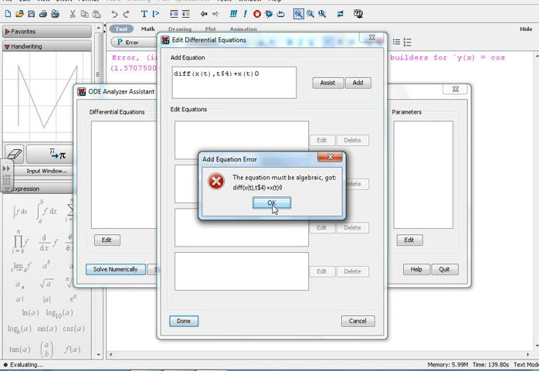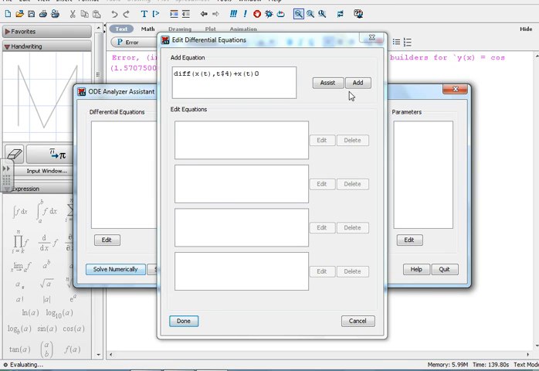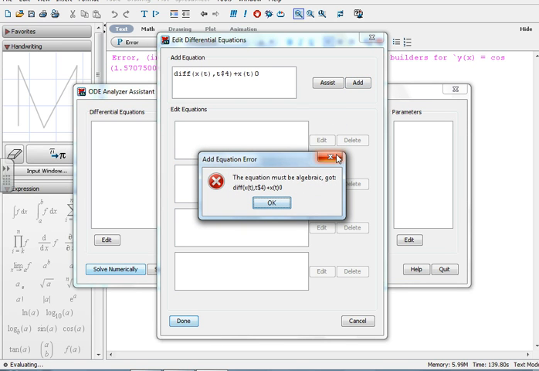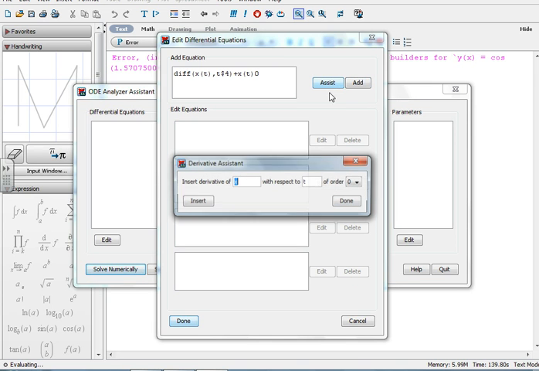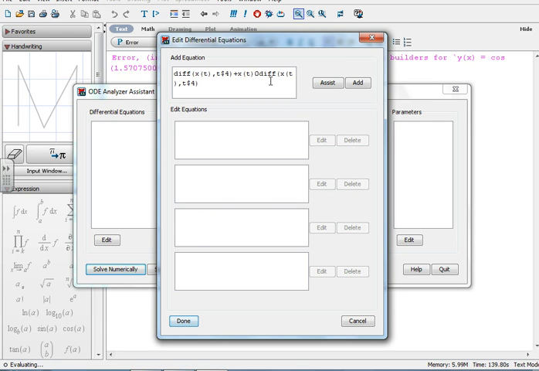It won't allow me to have a 4th derivative in my thingy. Why not? It says so right here, 4. What's wrong with that? Oh, I know what's wrong with that. I don't have an equal sign. Equals 0. That's what's wrong with it. All right, so we're going to add that. Boom.